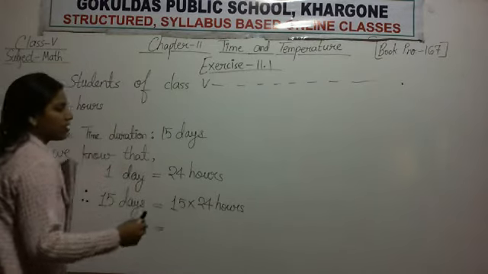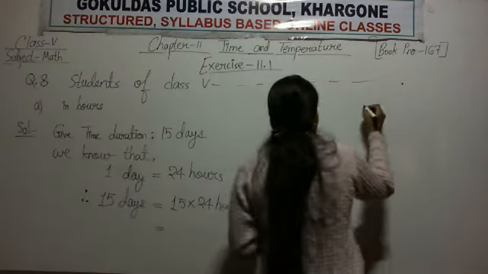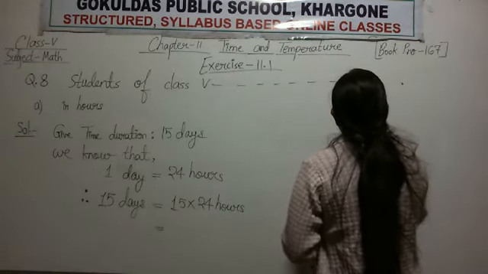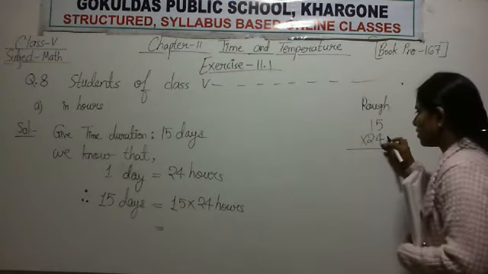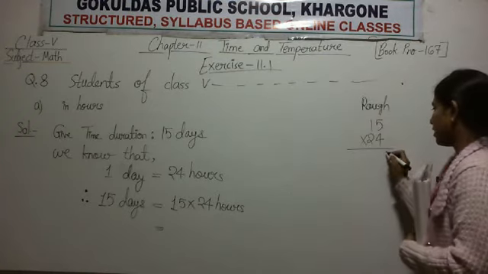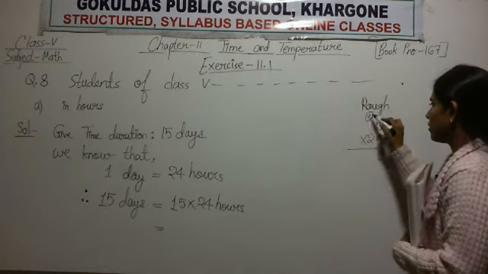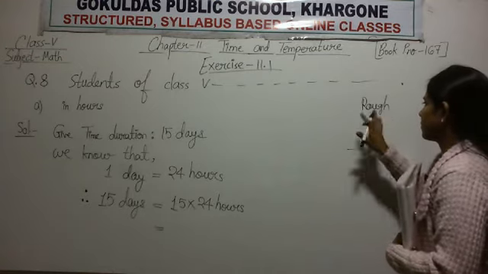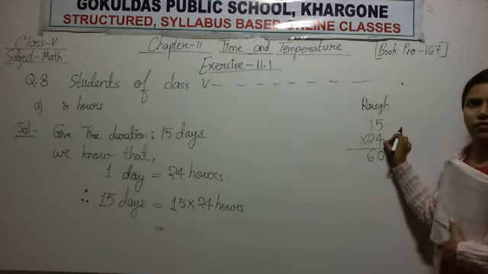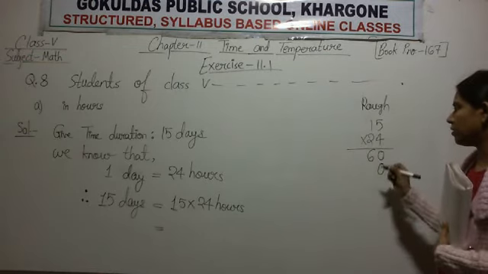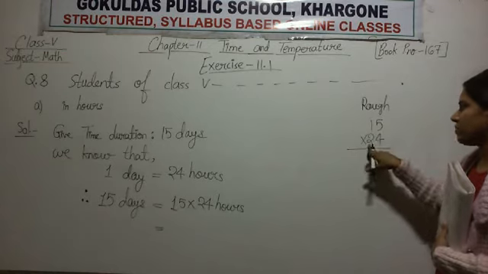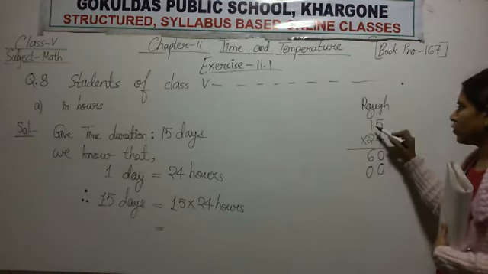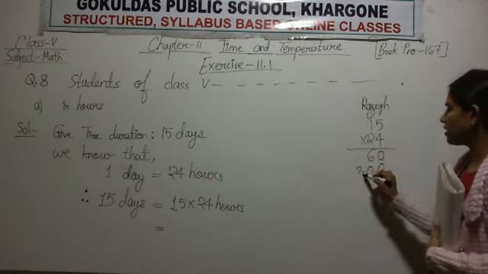Now multiply both the numbers. In rough work, I am multiplying both the numbers. Arrange 15 and 24 column wise and multiply them. 4 5s are 20, so 0 here, 2 carry forward. 4 1s are 4, plus 2 is 6. We have done multiplication with 4, so put 0 in the ones column. Now multiply 15 with the tens place. So 2 5s are 10, 0 here, 1 carry forward. 2 1s are 2, plus 1 is 3.